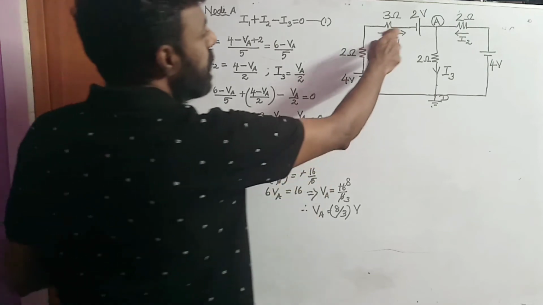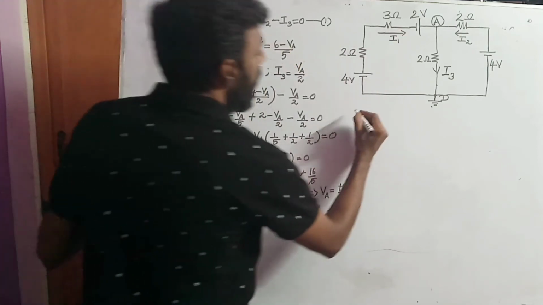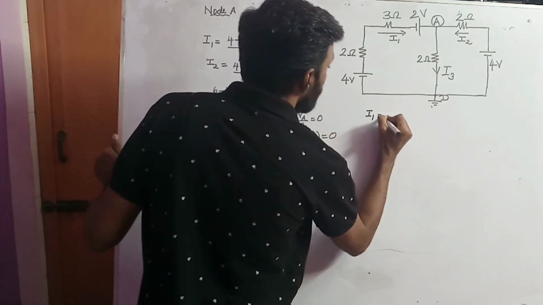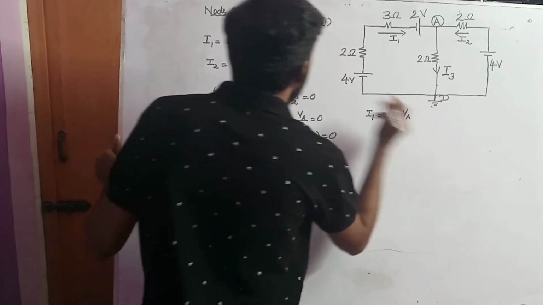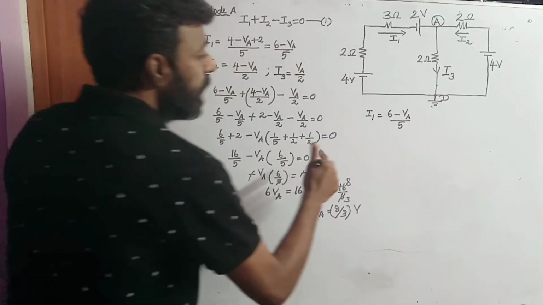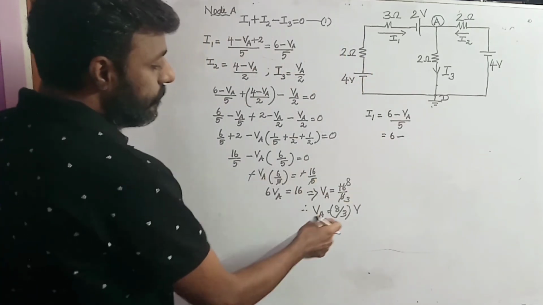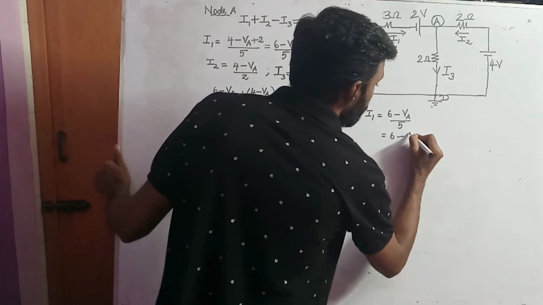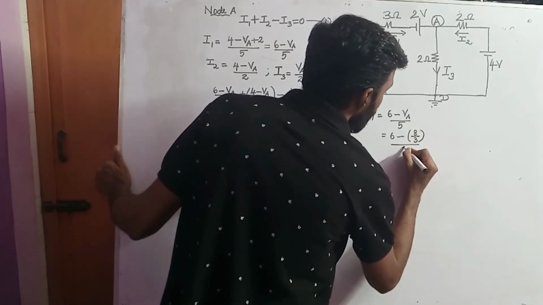So what is I1 actually? We have this formula, I1 equal to 6 minus VA divided by 5. So I1 will be equal to 6 minus, what is VA? VA is 8 divided by 3, divided by 5.